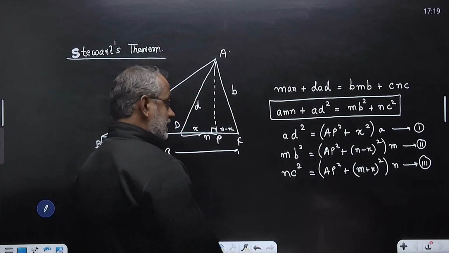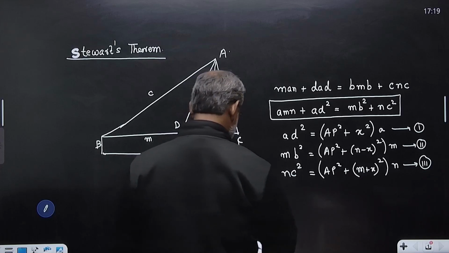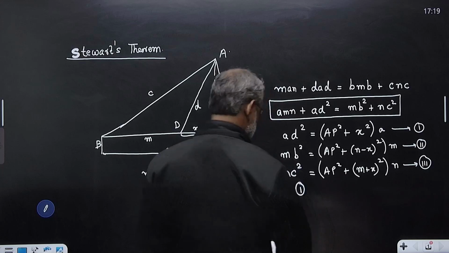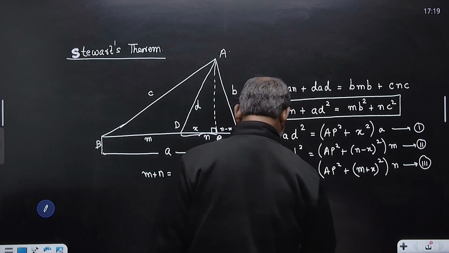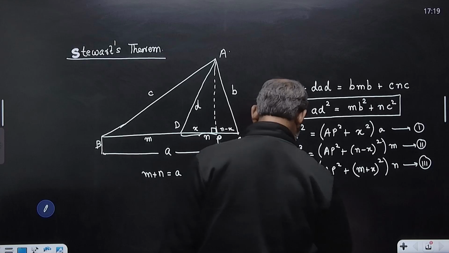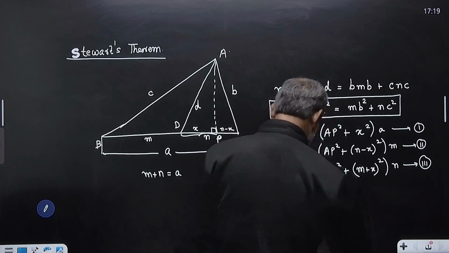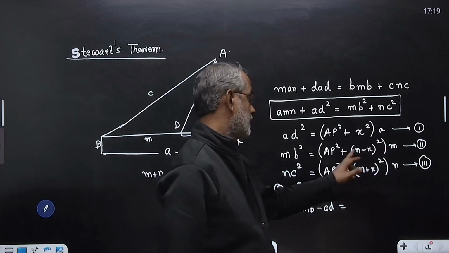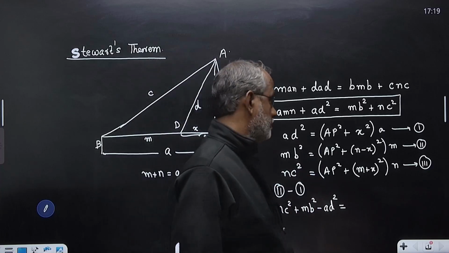So one can very easily see what we do. Combining, you get NC square minus AD, and M plus N times AP square minus AP square gets cancelled out.